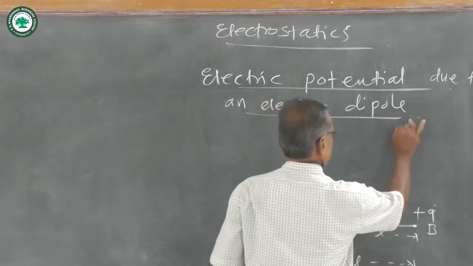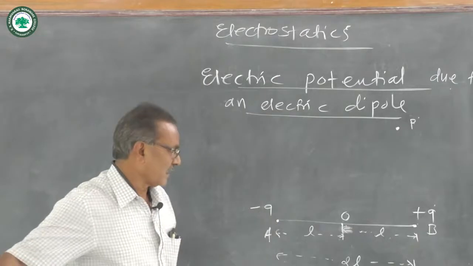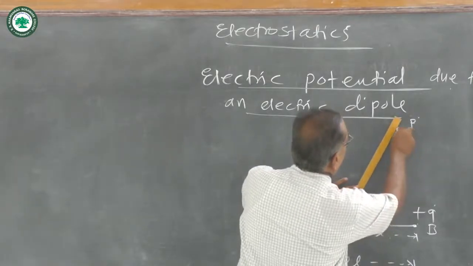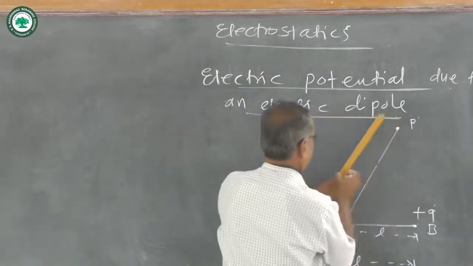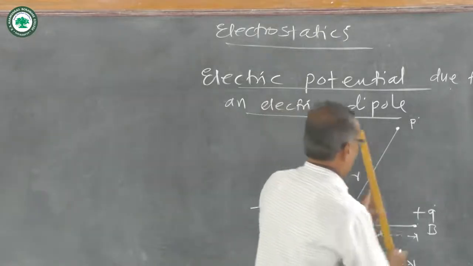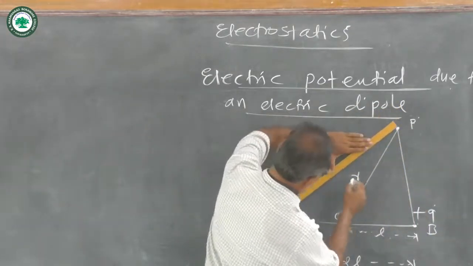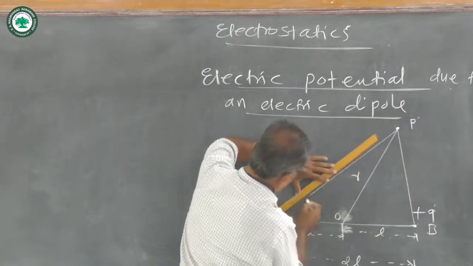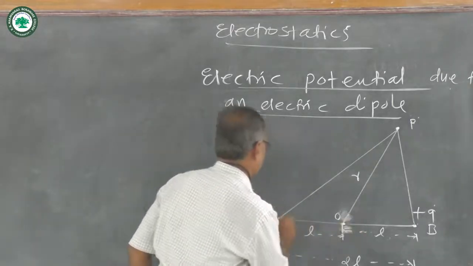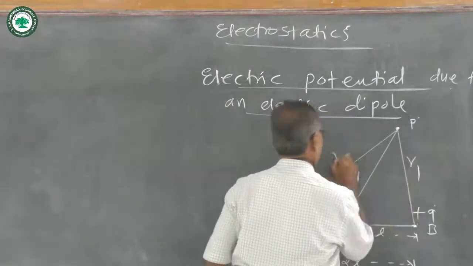Consider a point P, whose distance from point O is R. Join BP and also AP, and their distances from the dipole charges are R1 and R2 respectively.